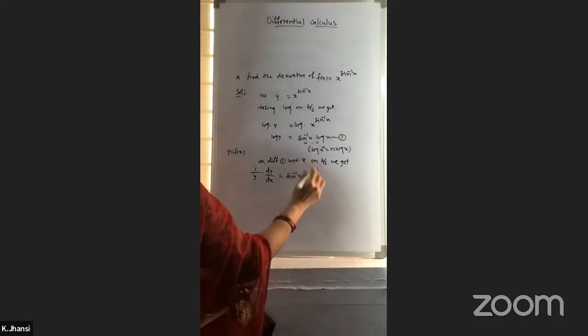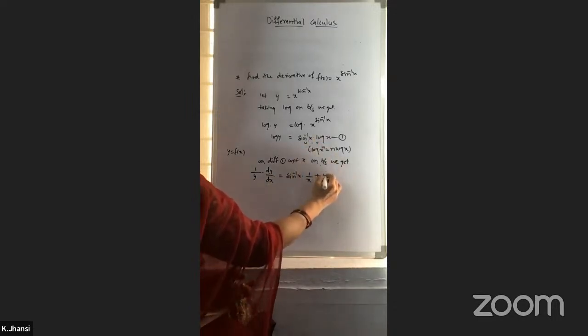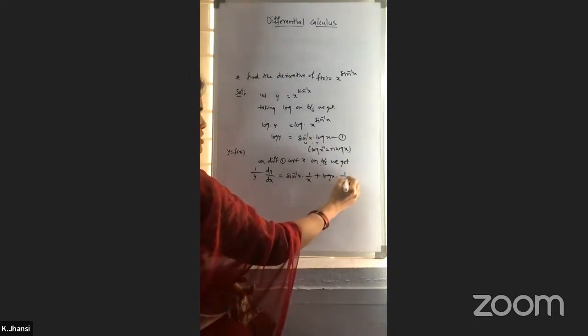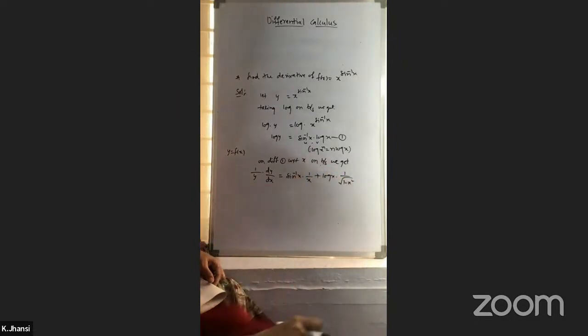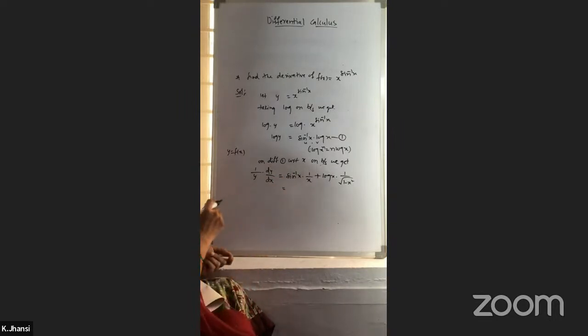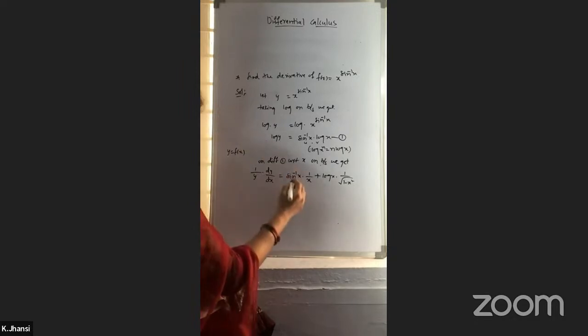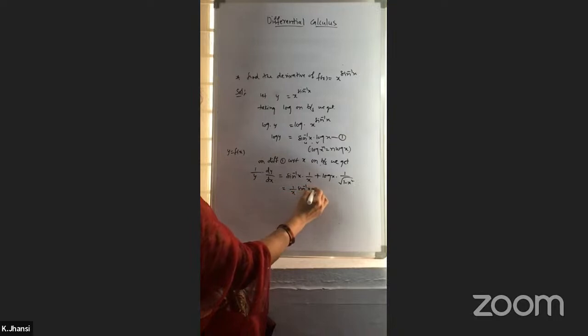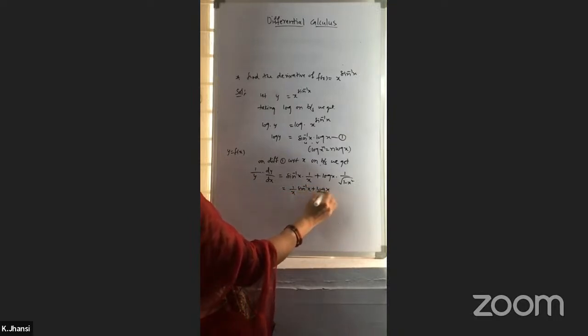So plus again, log x you keep constant into sin inverse x differentiation, which is 1 by root of 1 minus x square. Now what we have: sin inverse x by x, so this is sin inverse x by x plus log x by root of 1 minus x square.